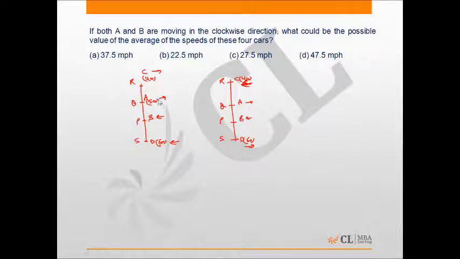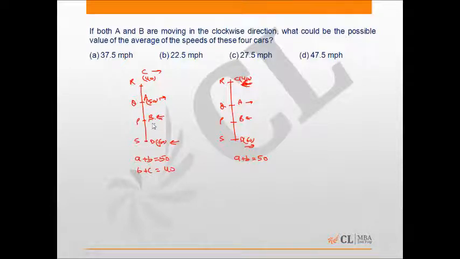If you take the first case, A and B are moving in opposite direction in this case. That means A plus B has to be 50. Similarly here also A plus B is 50. B and C are moving in opposite direction, so B plus C has to be 40.